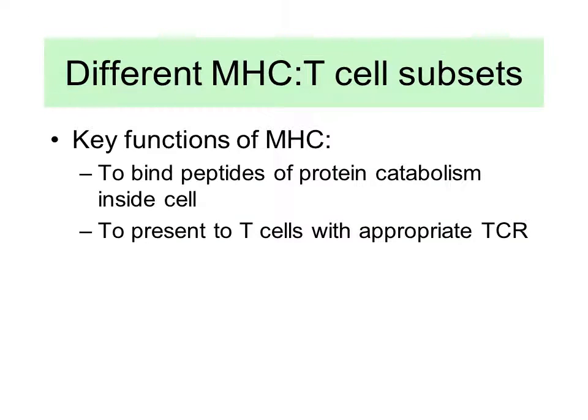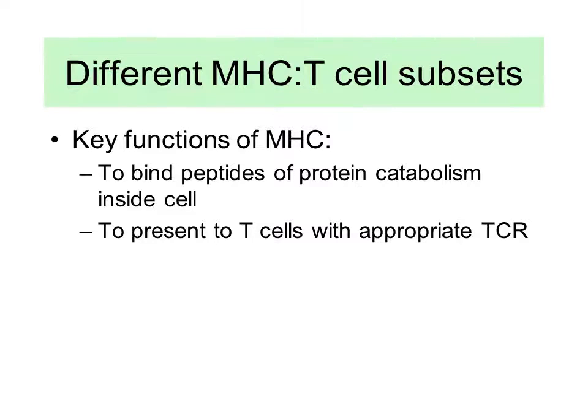Now, there are different MHC and different T cells. I said that the two important ones that I want you to remember are MHC class 1 and MHC class 2. And they are expressed on our cells.